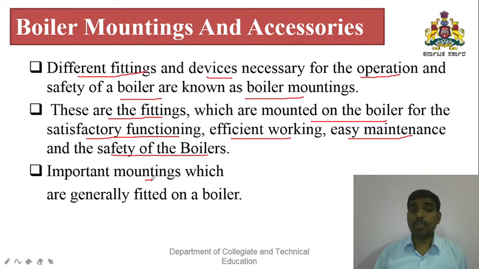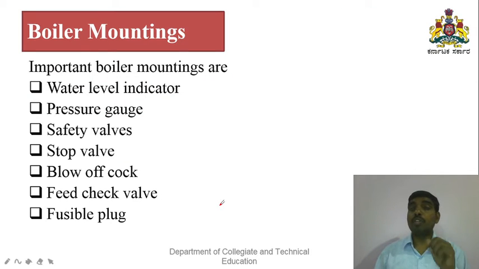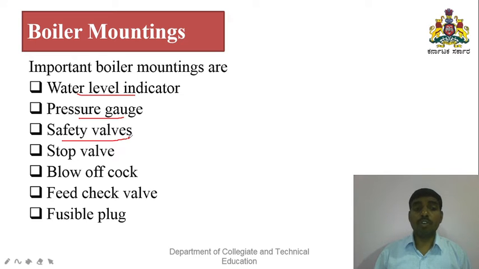Important mountings which are generally fitted on the boiler: we are going to take a look at the various boiler mountings on different boilers. The common boiler mountings are water level indicator, pressure gauge, safety valve, stop valve, blow off cock, feed check valve and fusible plug.